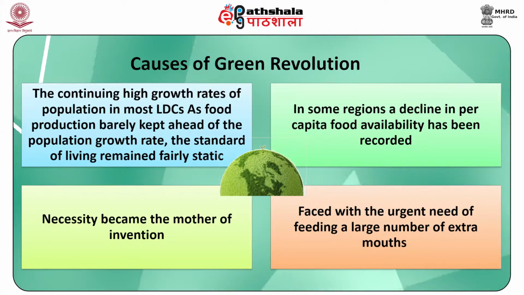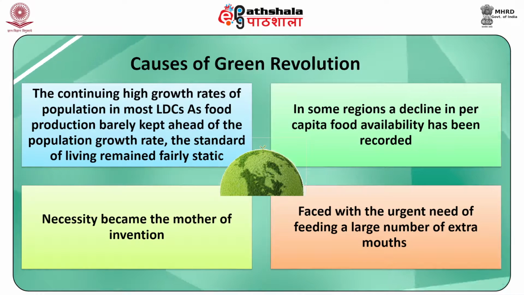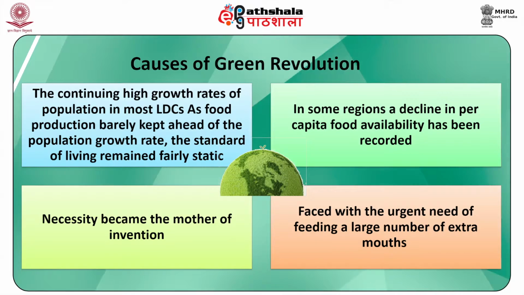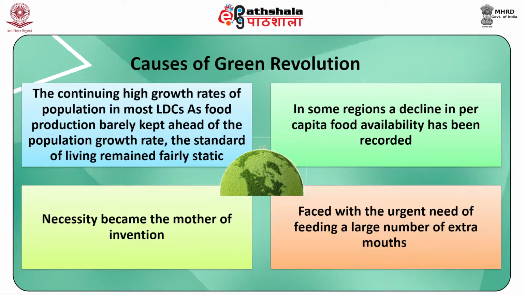A large number of factors individually and collectively have played roles in varying degrees of importance in the making of GR. The continuing high growth rates of population in most LDCs during the 50s and early 60s effectively reduced the growth of per capita real income and per capita food availability.